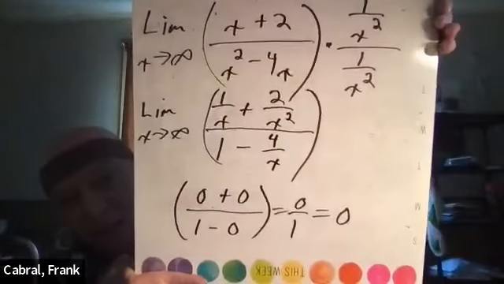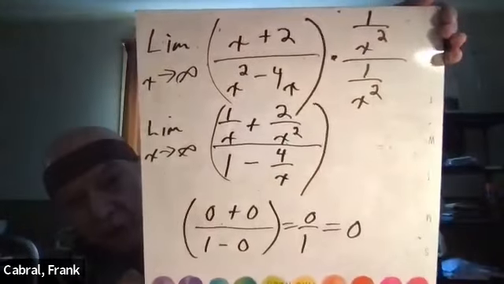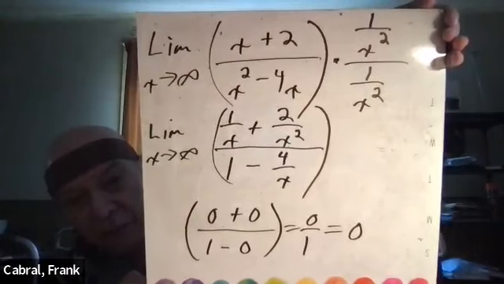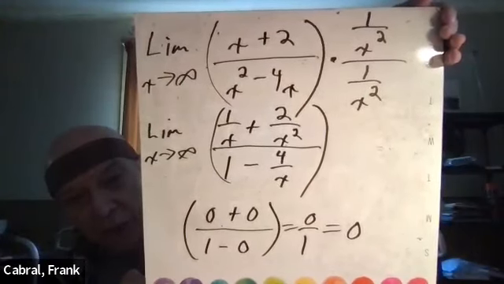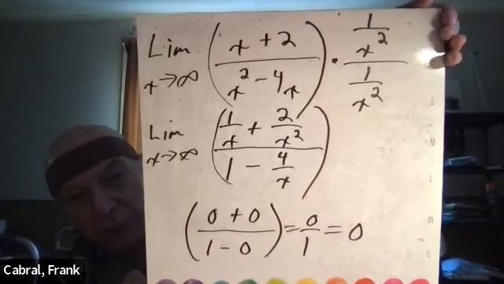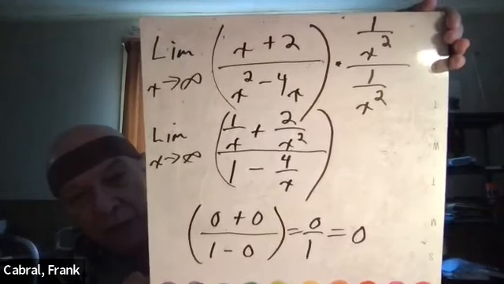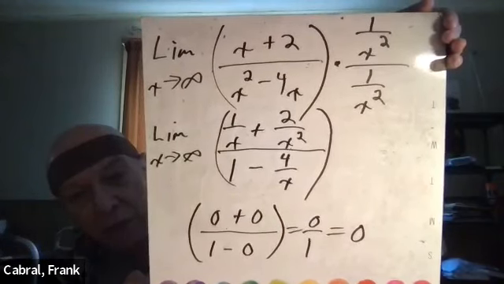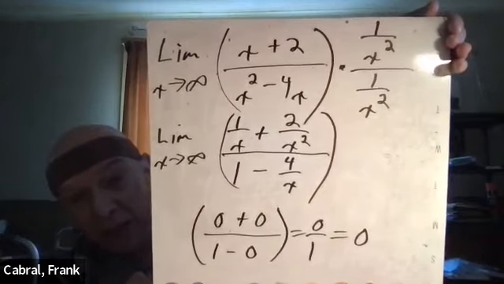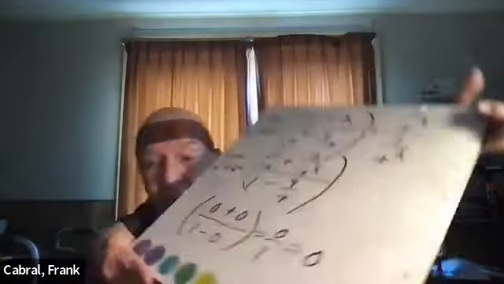Now, what does it mean when you end up with 0? That means that the x-axis is a horizontal asymptote. This expression, the denominator is more powerful than the numerator, and this is being driven to 0, which means again that the x-axis is a horizontal asymptote.